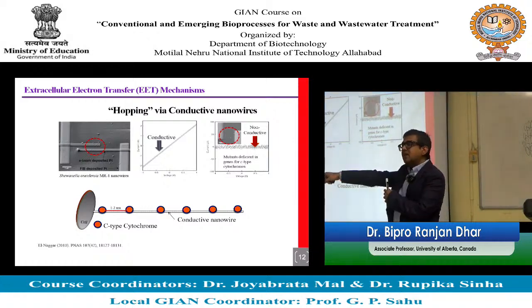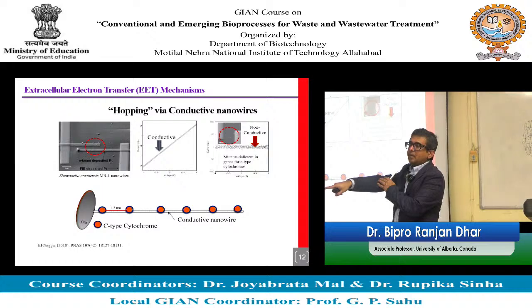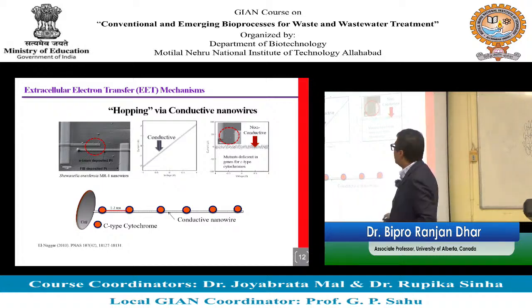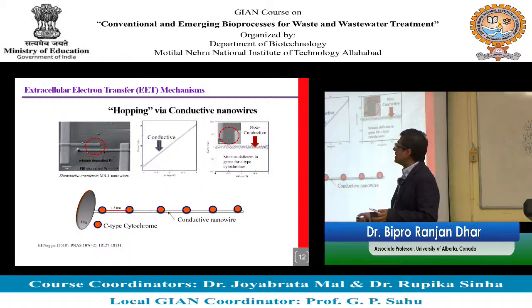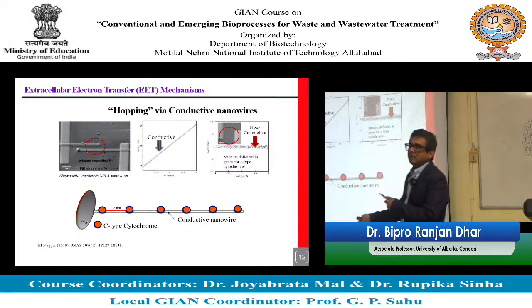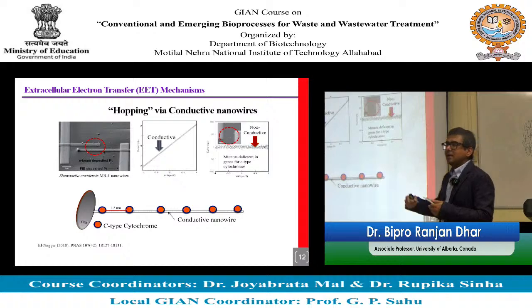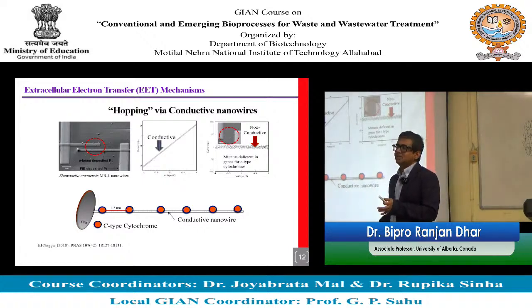Microbes still produce nanowire, but that nanowire contains a lot of cytochrome C, which can work as a hole for electrons. Although they look very distant from each other, in reality they could be 1 to 2 nanometers apart, and electrons from the outer membrane protein can jump from one cytochrome C to another cytochrome C. Although I'm saying jumping, because we call it electron hopping, in reality it's an oxidation-reduction reaction.